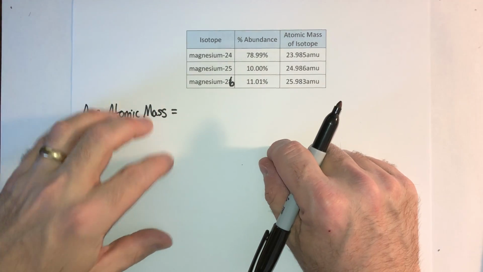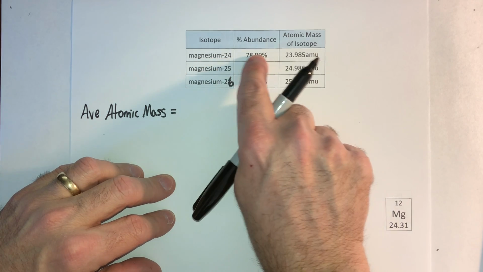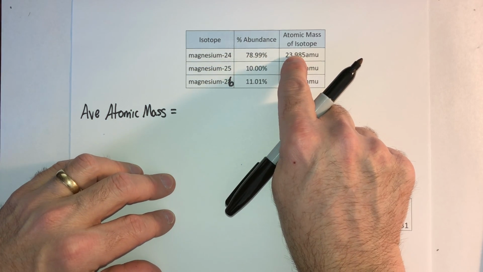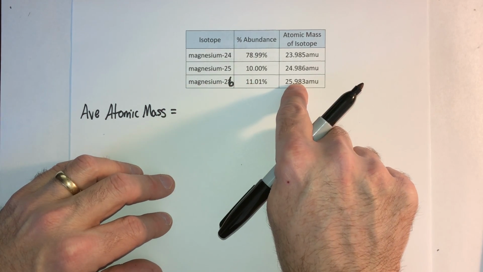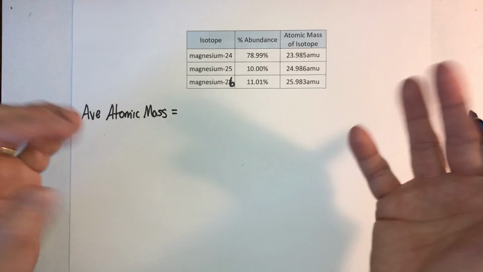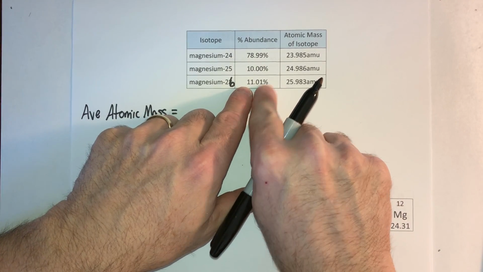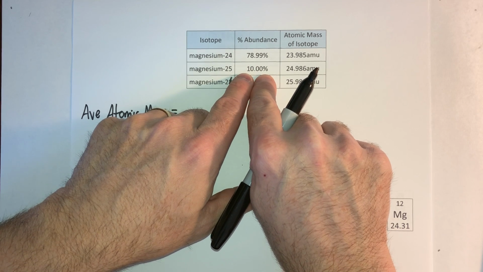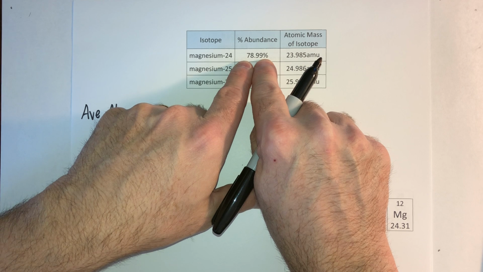Now, I can kind of make a prediction here. You'll notice that the majority of the magnesium weighs about 24. 10% weighs 25, and about 11% weighs 26. Think of it like your tests versus your quizzes, right? You did some quizzes worth like 10%. You did some assignments worth 10%, and you did your tests, and your tests are worth 80% of your mark.